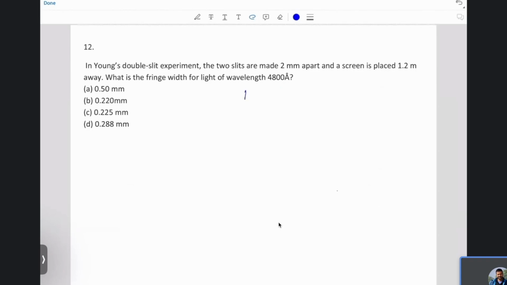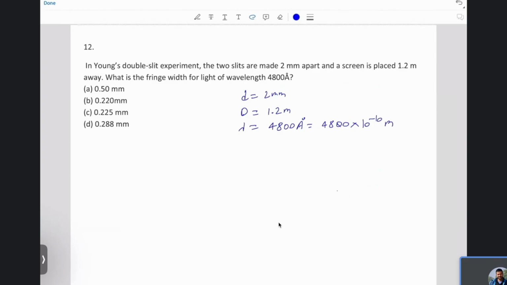So here the distance between two slits is given, and the distance between screen and the slit is given, which is capital D, and the wavelength of light is given, which is 4800 angstrom, which we can write as 4800 into 10 to the power minus 10 meters.